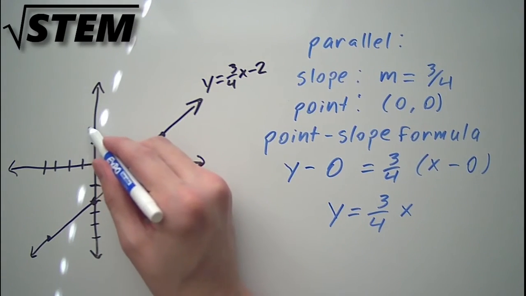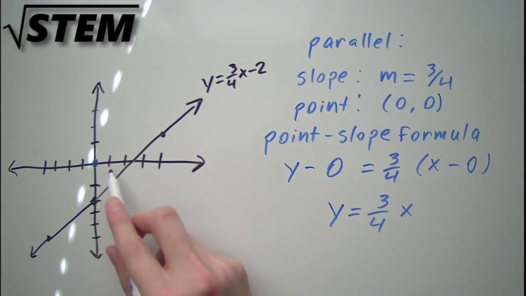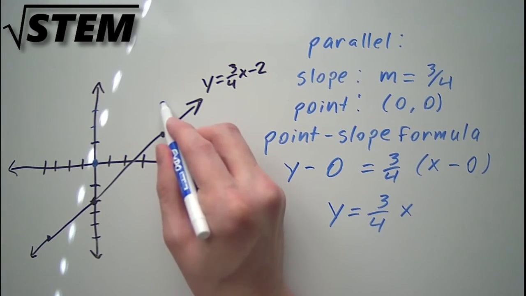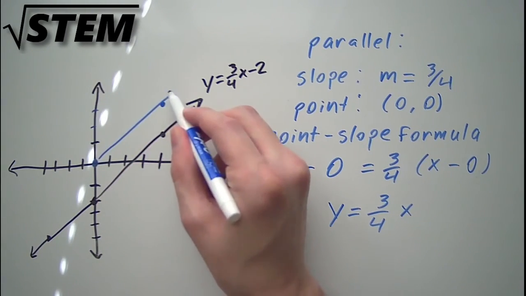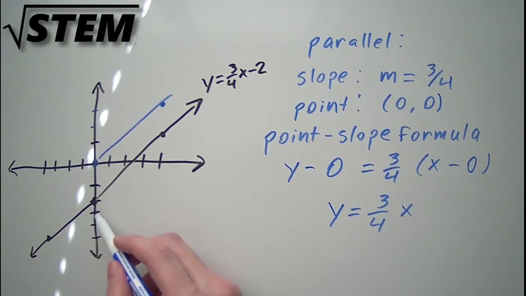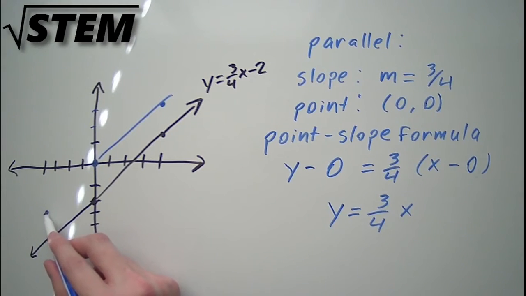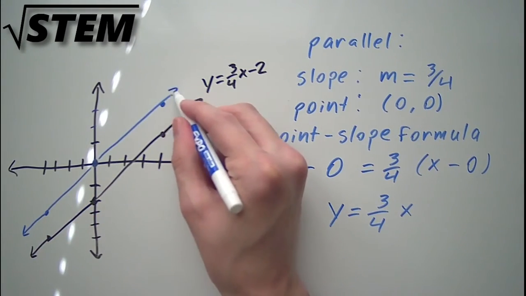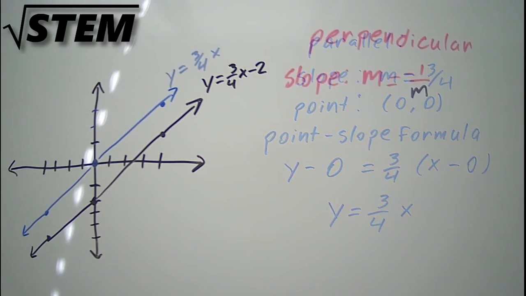So up 1, 2, 3, and over 4. And the other direction, we'll go down 3 and back 4. So that is our parallel line.